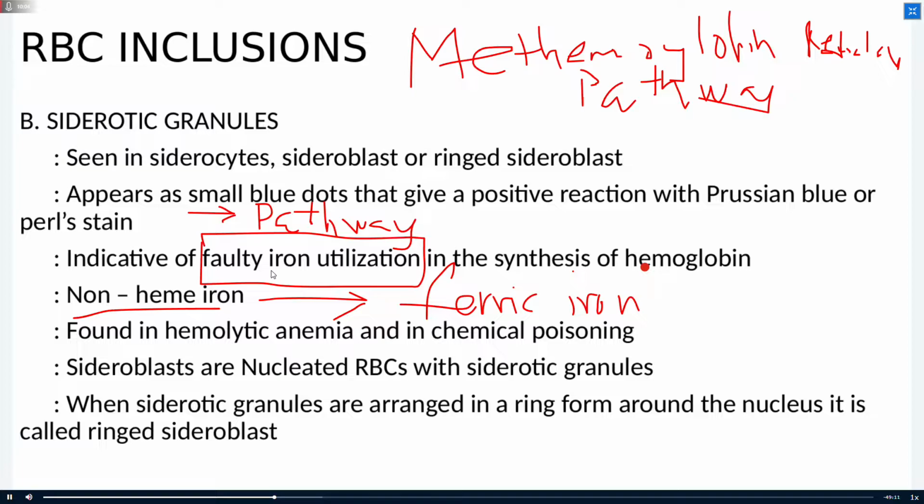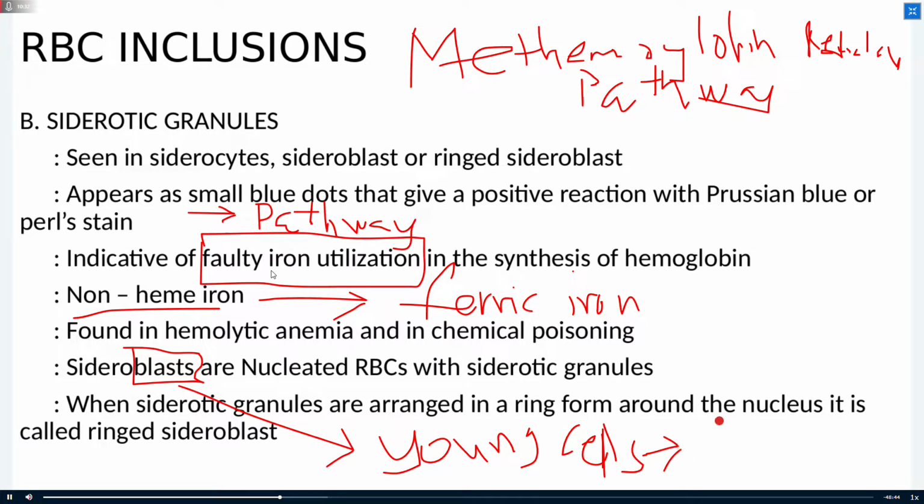Sideroblasts, class, are nucleated RBCs with siderotic granules. Class, when you hear the word blast, what type of cell is this? Anong klaseng cell yan? Young cells. And since they are young cells, what do they contain? They contain nucleus.